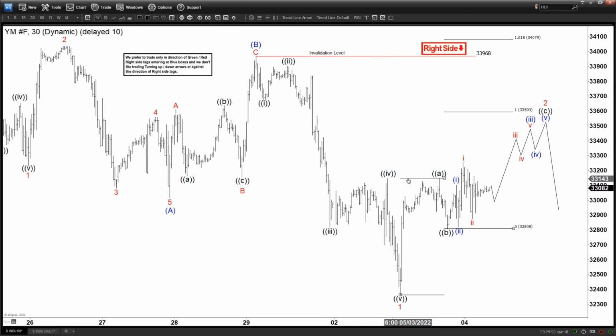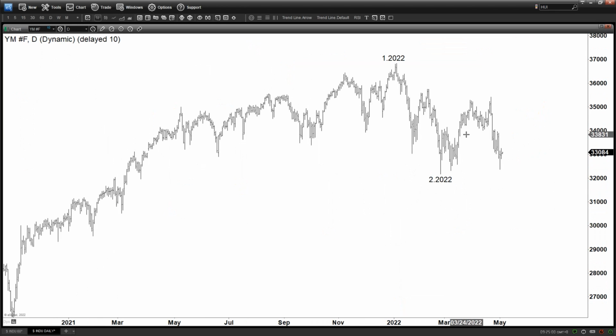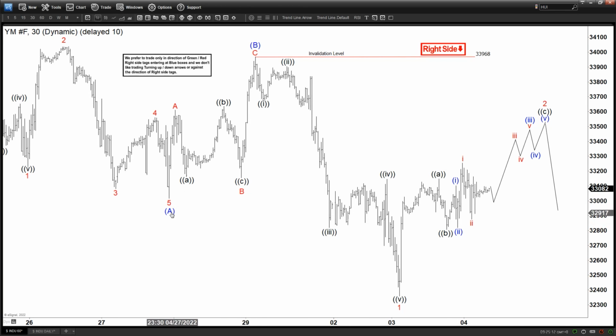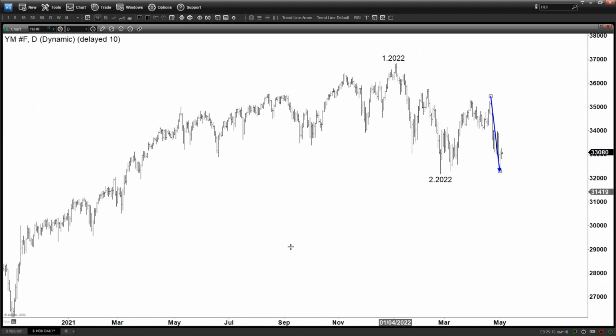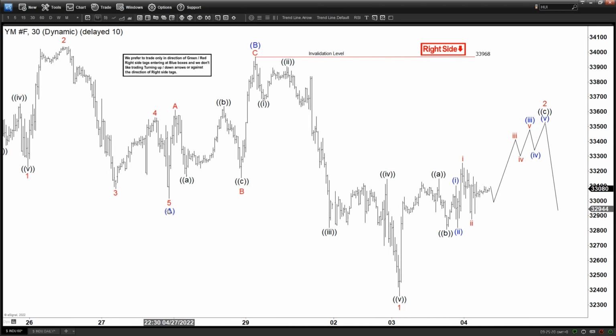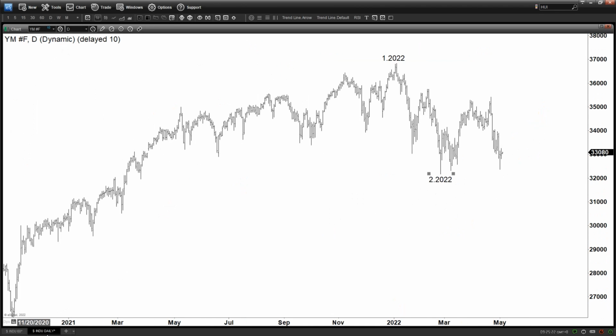But another possibility is, if the rally actually starts to get bigger, that the Dow ended this cycle here. In other words, you can see this A and B here, and then we started the C. So let me show you where the A and B that we see in the 1 hour chart are, and place it in the daily time frame.